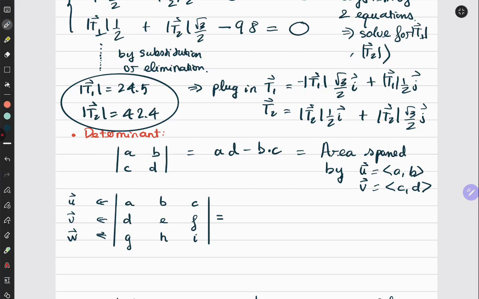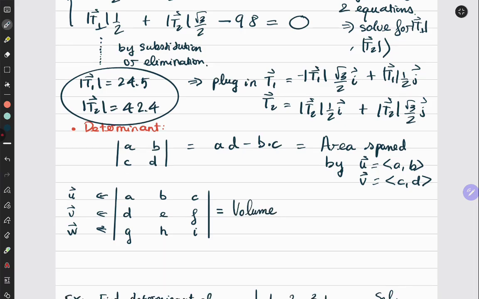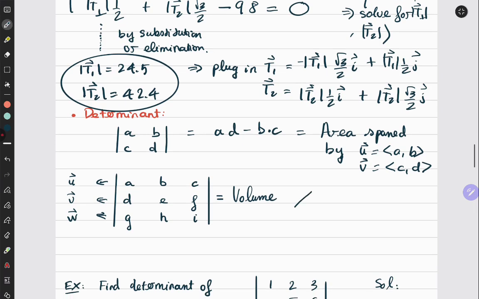If two vectors give you the area spanned by those vectors, now with three vectors you get the volume of, maybe it looks like this, u, v, and w.